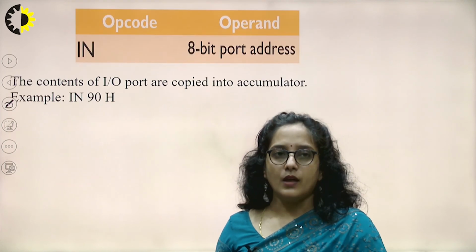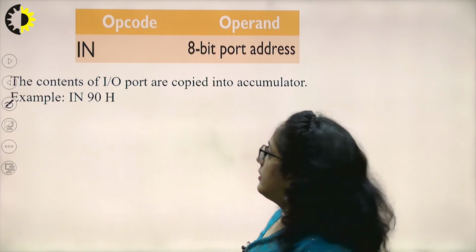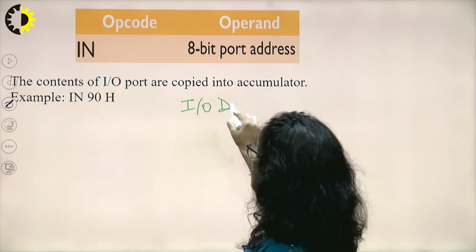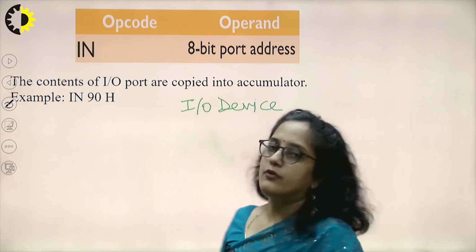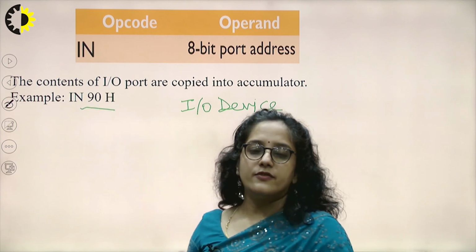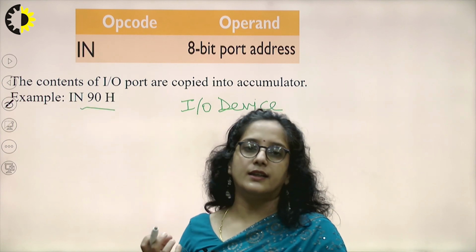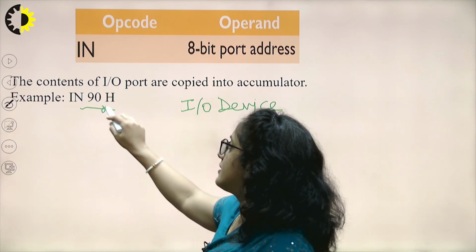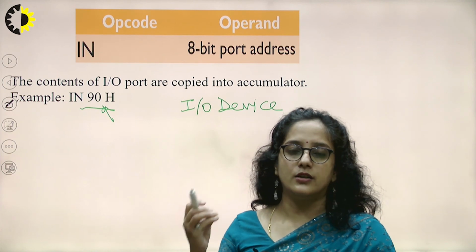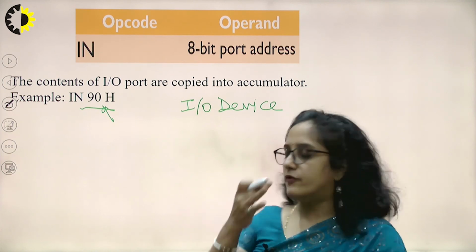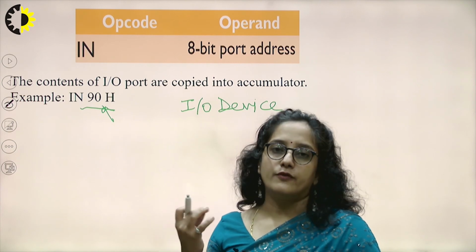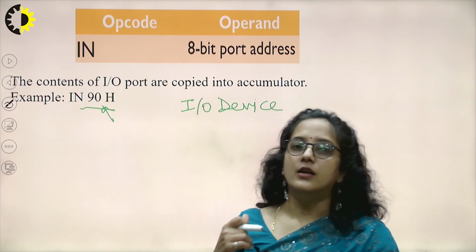Okay. The next instruction is IN, an 8-bit instruction. Whenever we have to read data from IO devices, we use 2 instructions. If we have to read, we can use IN 90H. That is, if we have to read some sensor, in that case 90 is the address of the sensor, and the content of that sensor, the data, we will store in the accumulator. For example, an A to D converter is there, digital data is there, and we have to read that data and store it in our accumulator.